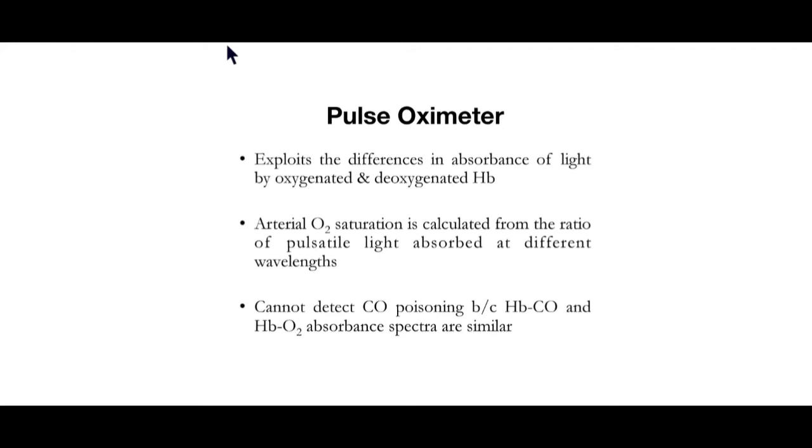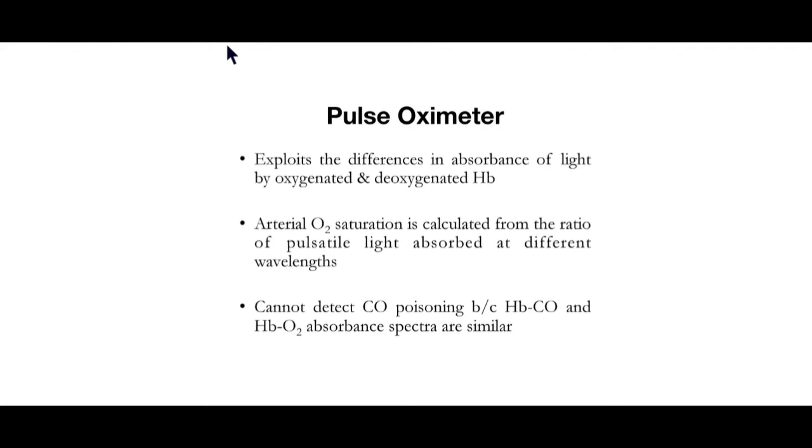Why can't a traditional pulse oximeter detect carbon monoxide poisoning? There are carbon monoxide pulse oximeters, I know this, and we don't have to worry about that, but traditional ones can't detect it. Why? Because carbon monoxide binds to hemoglobin, and because it binds to hemoglobin, it will have a similar absorbance to oxygen-bound hemoglobin.